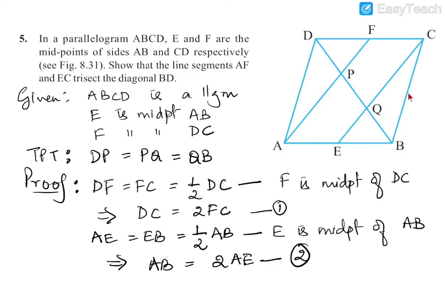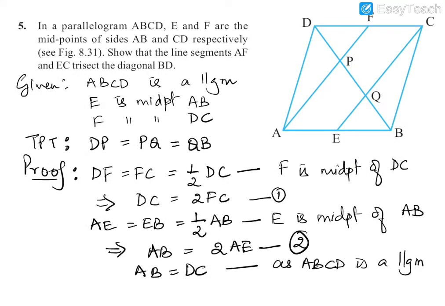Since ABCD is given as a parallelogram, its opposite sides will be equal. So we can write AB is equal to DC. This implies that the left hand side of result 1 and 2 are equal. So the right hand sides will also be equal.